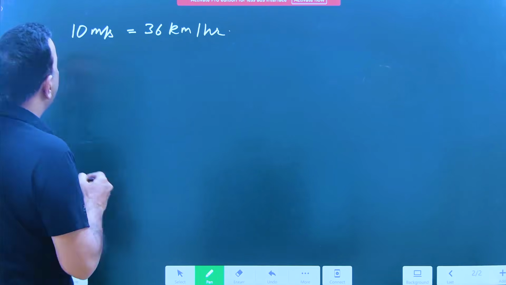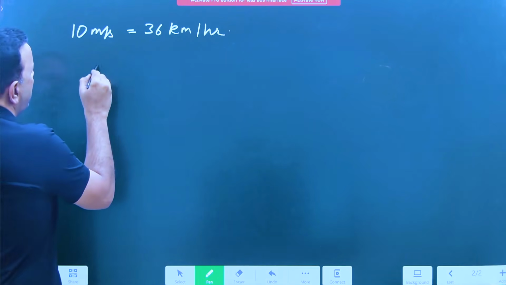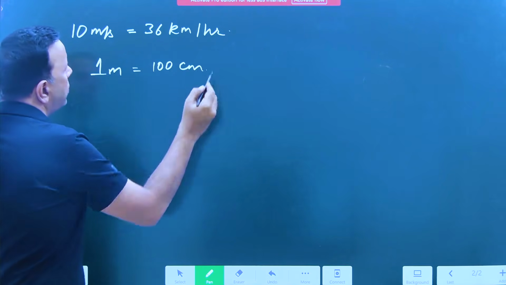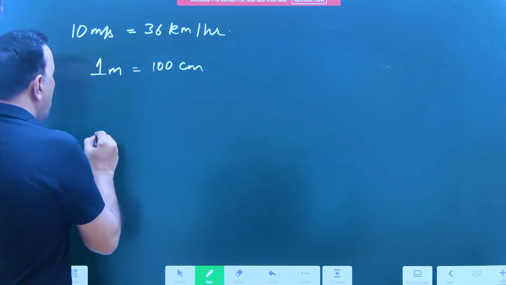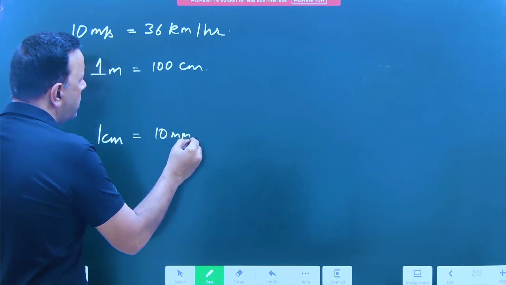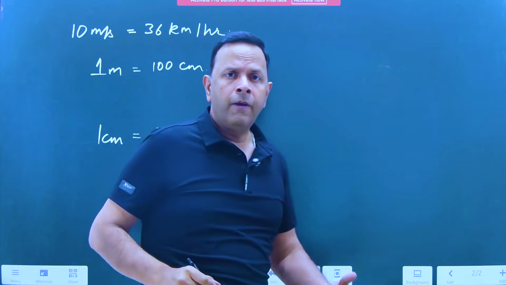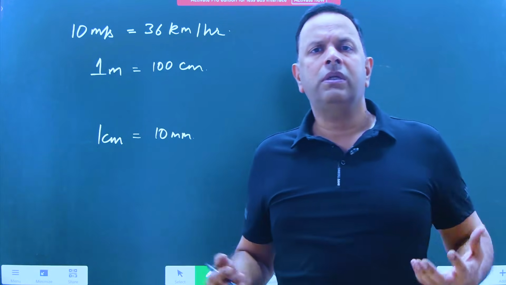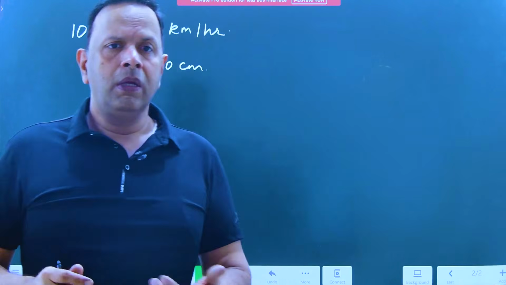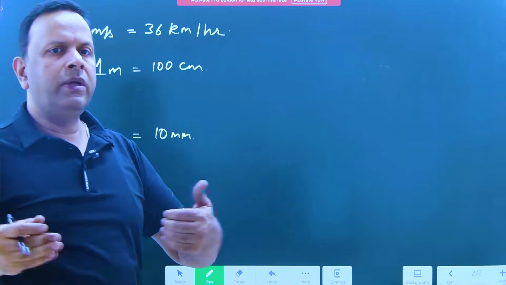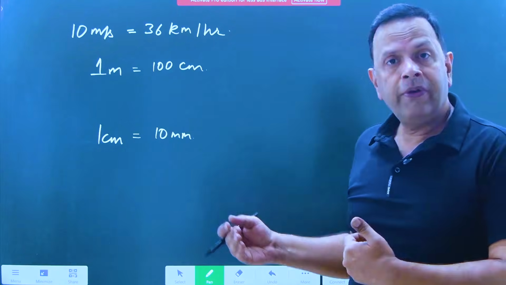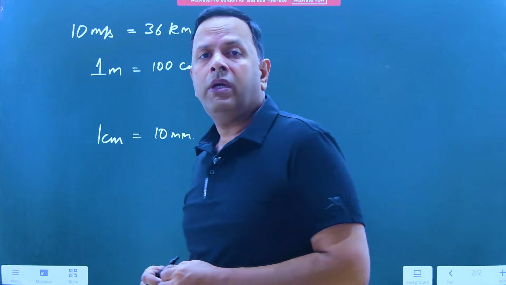Or even go with a simpler one. If I simply say 1 meter is equal to 100 centimeter, or if I say 1 centimeter is equal to 10 millimeter. So you can see that for the distance I have used the units of centimeter, meter, millimeter. So yes, we can have different units for a given physical quantity.